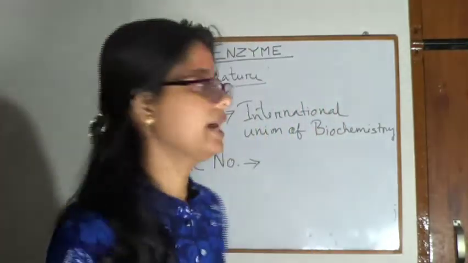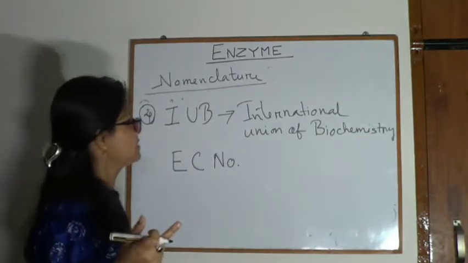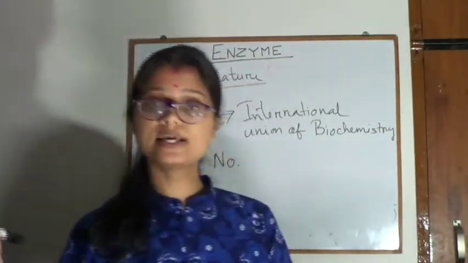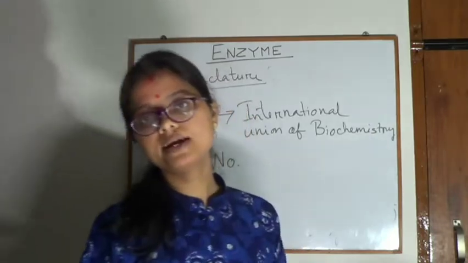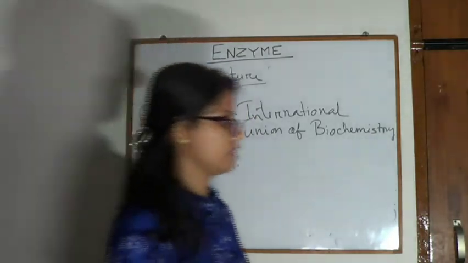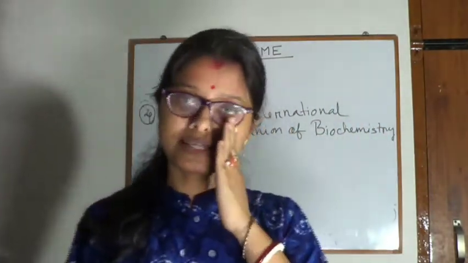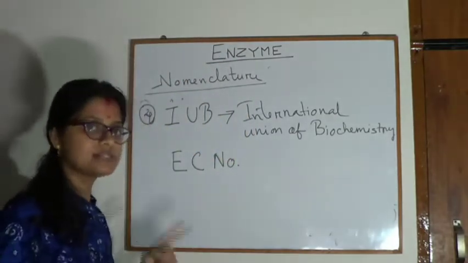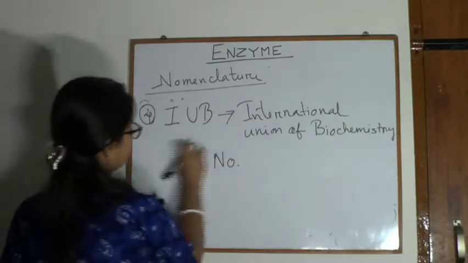The number is the EC number, and for the name, enzymes have been classified into 6 groups.